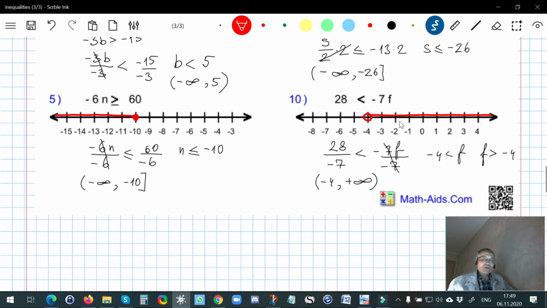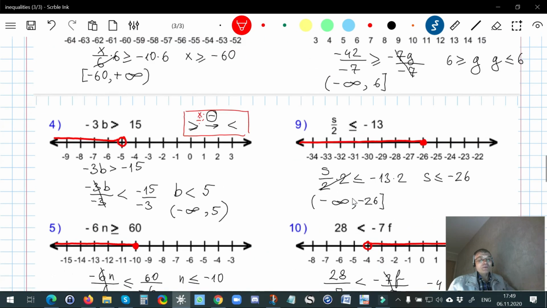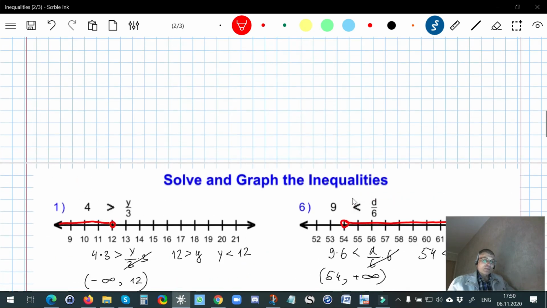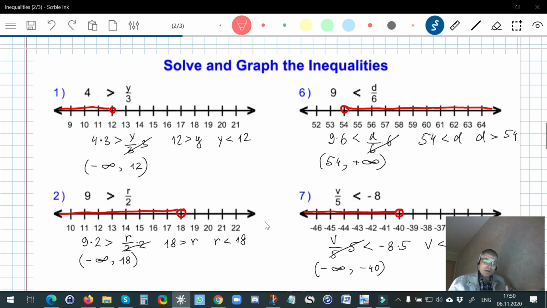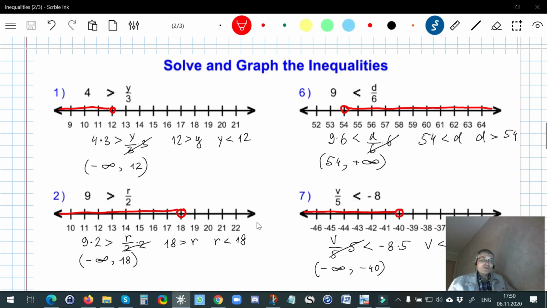So that is it. Again, summarizing what we did, we solved and graphed one-step inequalities, which included multiplication and division. And here we encountered a difficulty, which is actually the only difference between solving equations and inequalities.